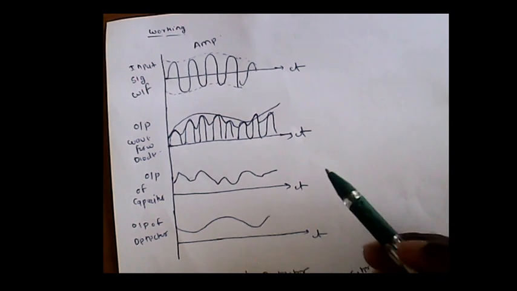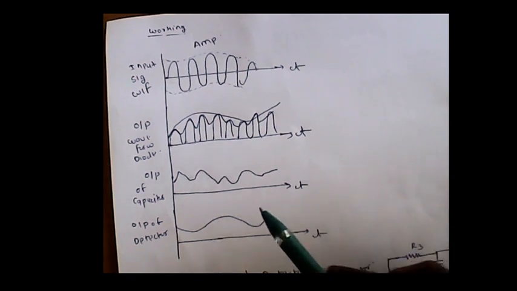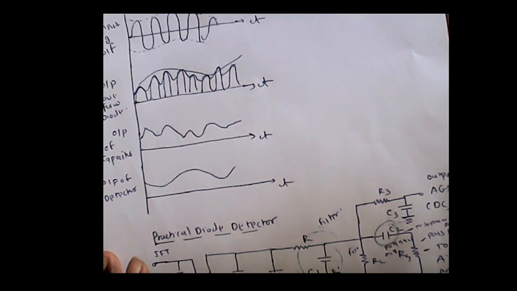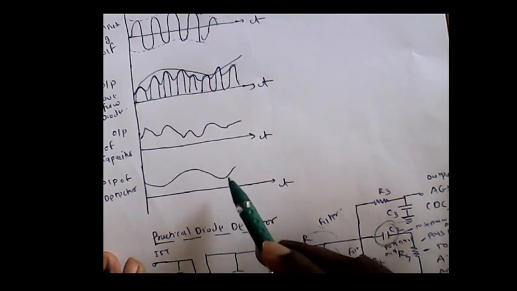To avoid the peaks or spikes in this capacitor, we use the filter. So here an RC filter is formed, and we get smooth detector output waveforms. After that, we have an additional circuit to separate the DC voltage and AC voltage.